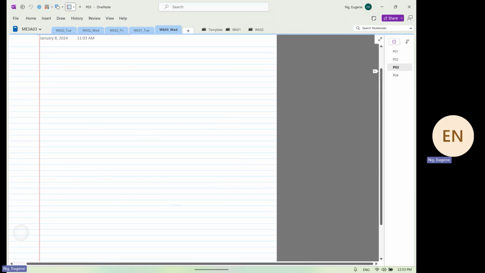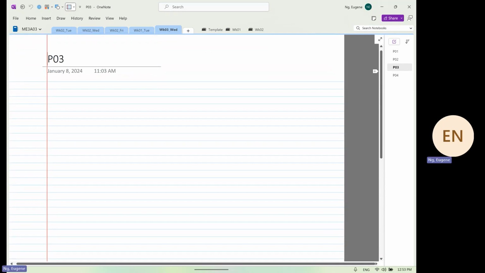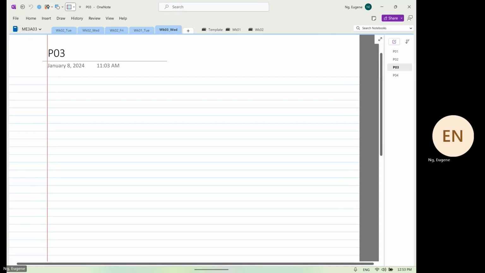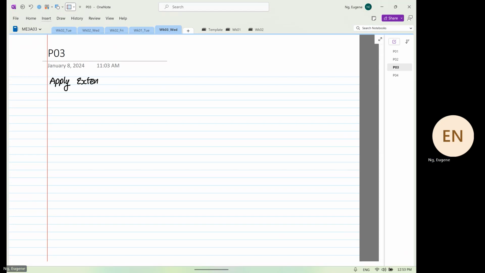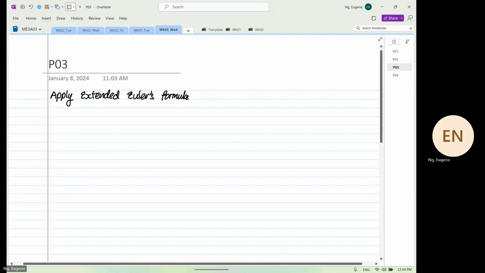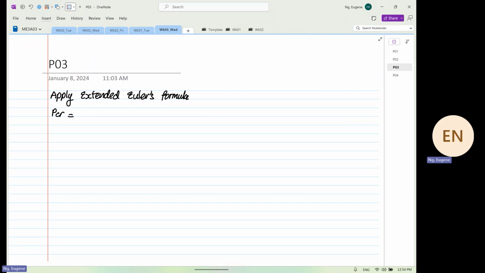So from here, we are going to apply the extended Euler's formula. That states that the critical load is equal to pi squared EI over LE squared.